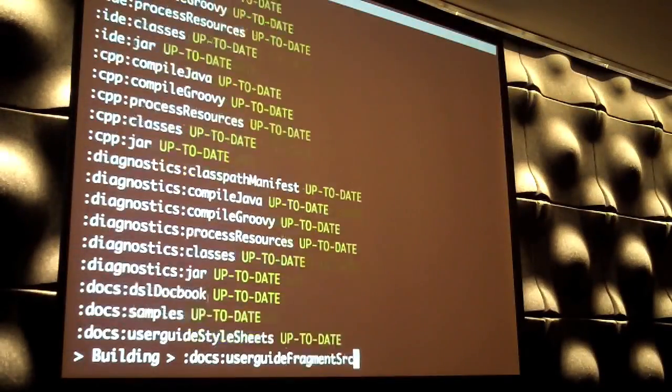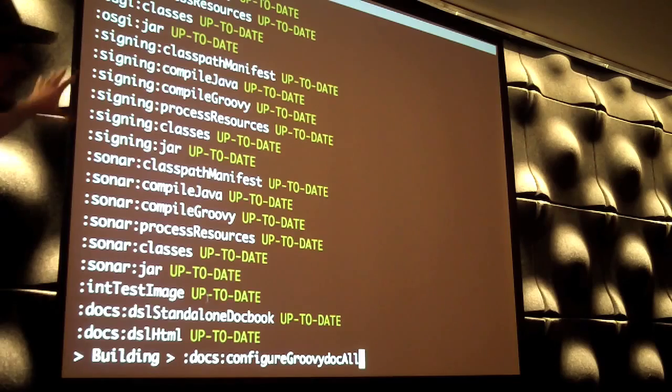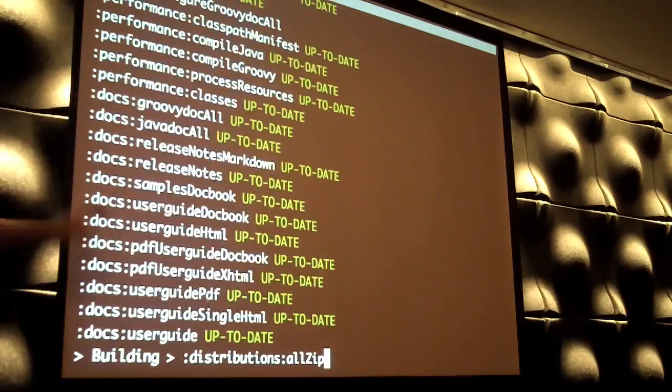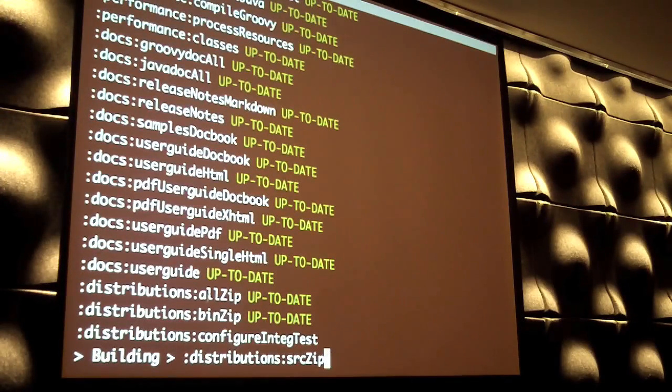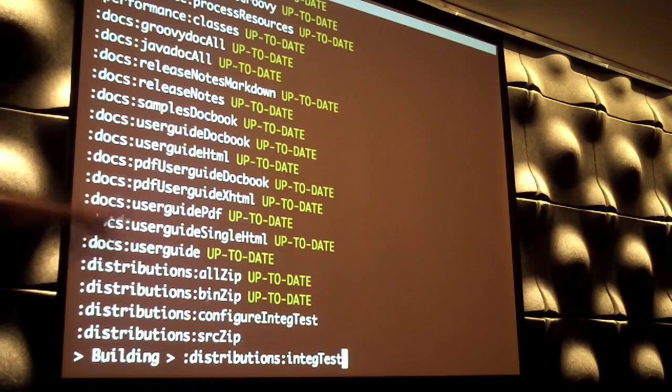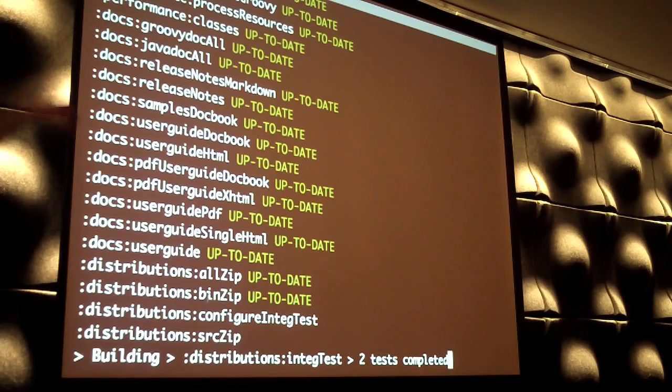So we're not really unit testing the code that we're building, we're integration testing the outputs. You have to be a little bit inventive: configure the build so that before the test task runs, the distributions actually get built, and configure the test in such a way that it knows where the distributions are to go and test them.